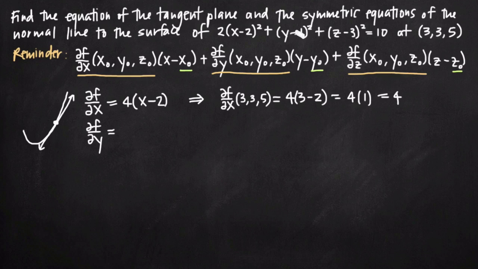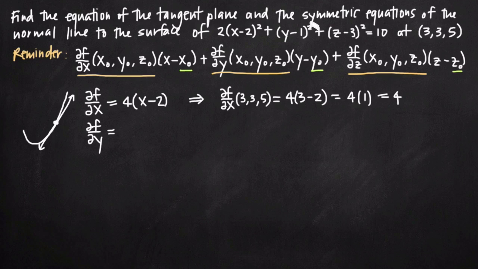Similarly here with the partial derivative with respect to y, the derivative of this first term, which only involves the x variable, will be 0 because we're treating x as a constant. The derivative of z minus 3 squared is going to be 0, and the derivative of 10 will be 0. So we really only have to pay attention to this term here, the quantity y minus 1 squared.